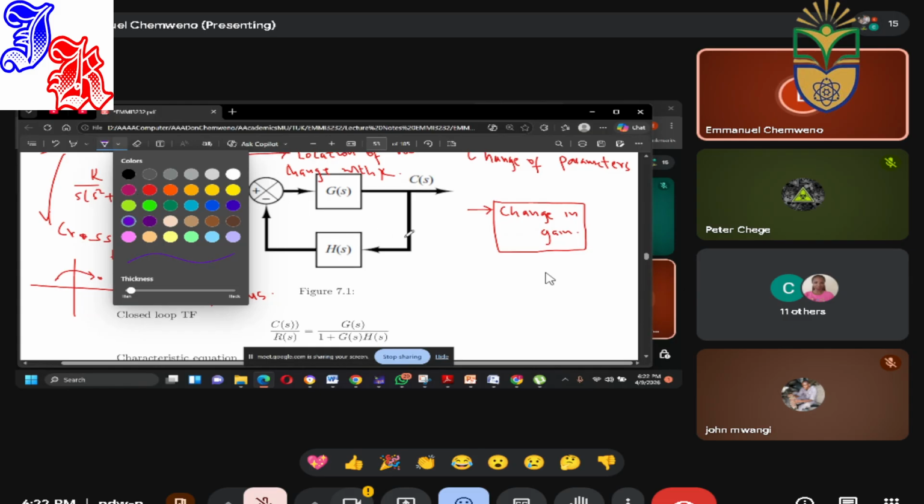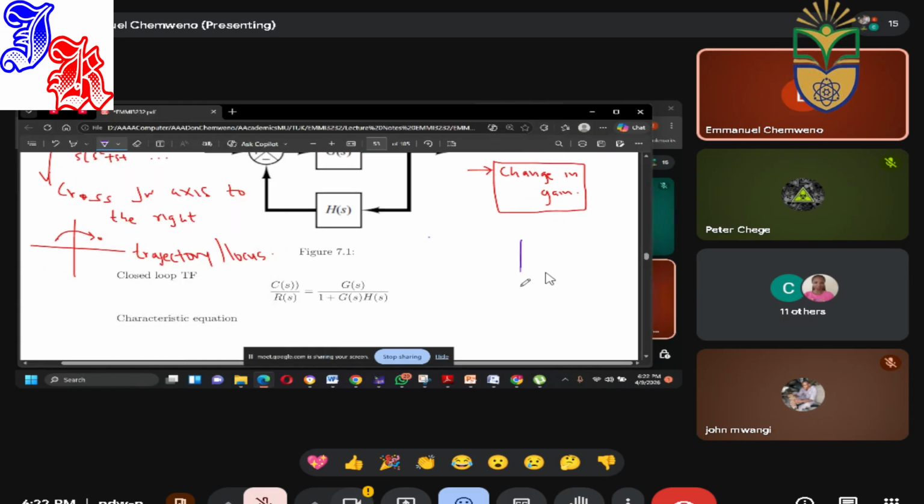How do you know that a point on the S-plane is part of the locus, or this point is part of the locus, or this point is part of the locus?